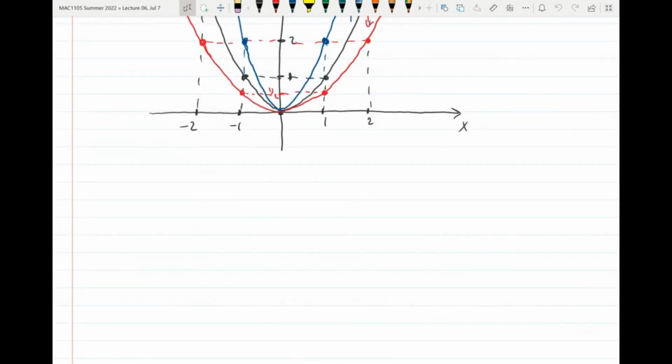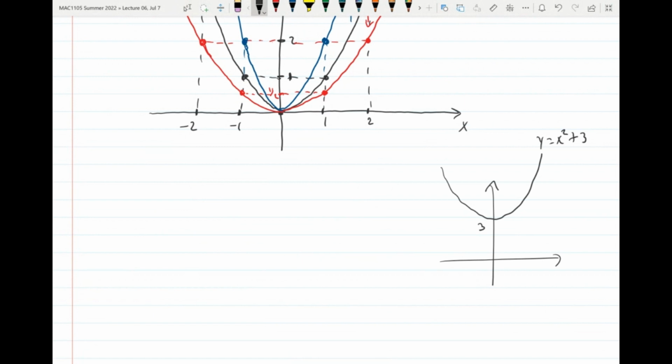So let's say that you move first. Okay. So let's say that you are here, and let's say this is a 3, right? So this is the function y equals x squared plus 3. And let's say that you want to shrink this by a factor of 3.